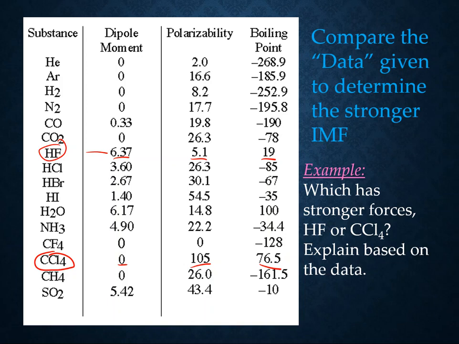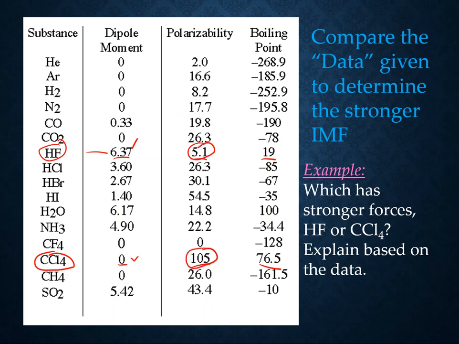Which one has the higher boiling point? The higher boiling point is carbon tetrachloride. Yes, definitely. If you look at these other data points, the dipole moment, obviously we know carbon tetrachloride is nonpolar, so it's not going to have any measurable dipole moments. They cancel out. But if you check out the polarizability as well, look at those differences.